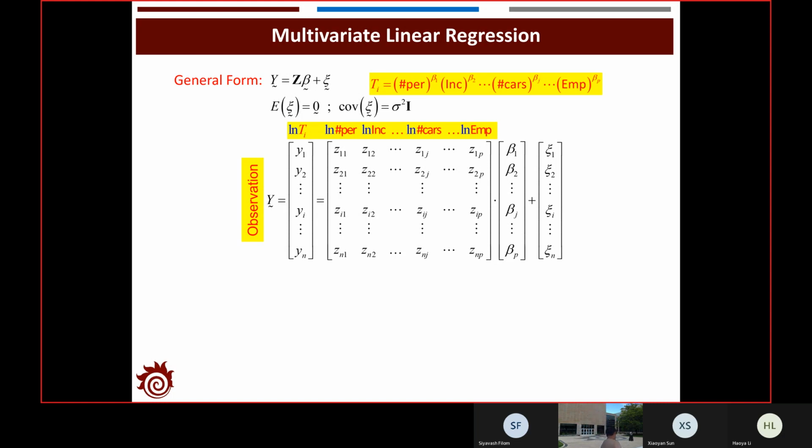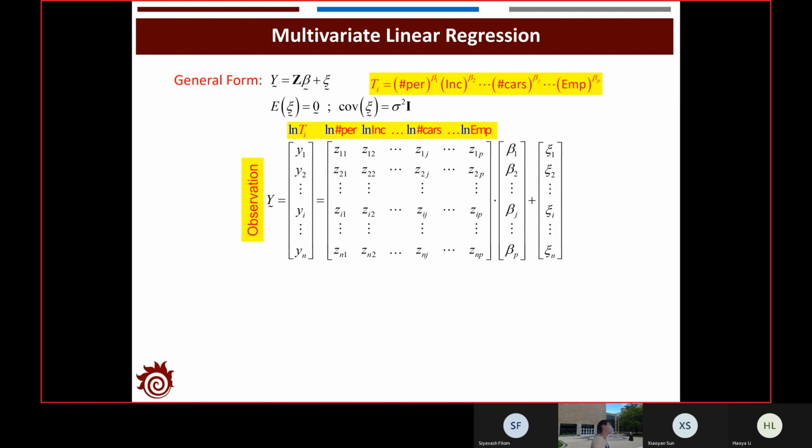Yes, usually we need to add a constant term as beta 0. You can add it. This is just one example. You can assume that in a certain column there's no constant term.